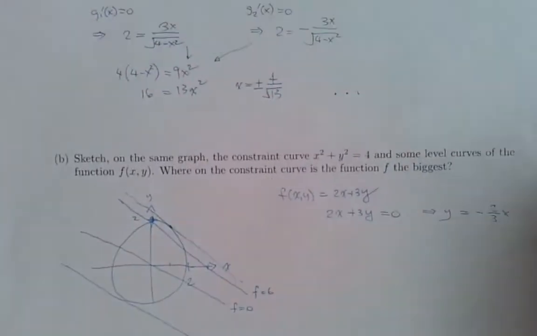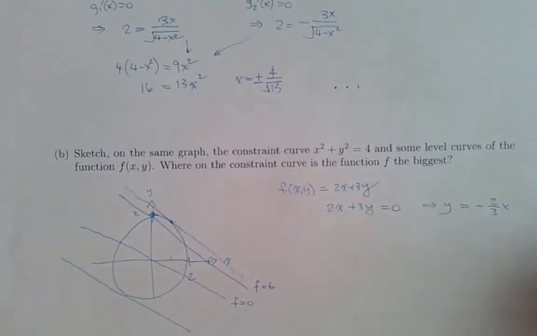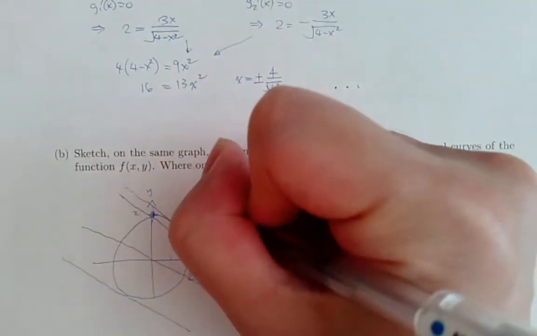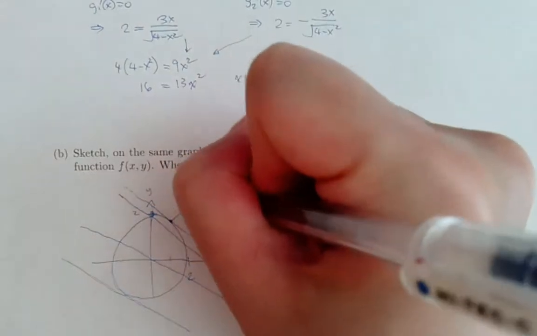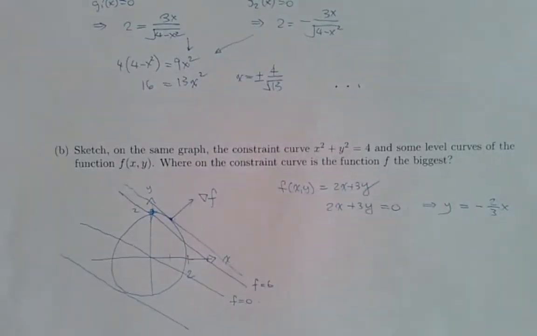So gradient of f, maybe it's pointing in that direction. Remember, gradient is pointing in the direction of maximum increase, and it's orthogonal to the level curve. We saw this maybe 3 worksheets ago. So that's what the gradient means.